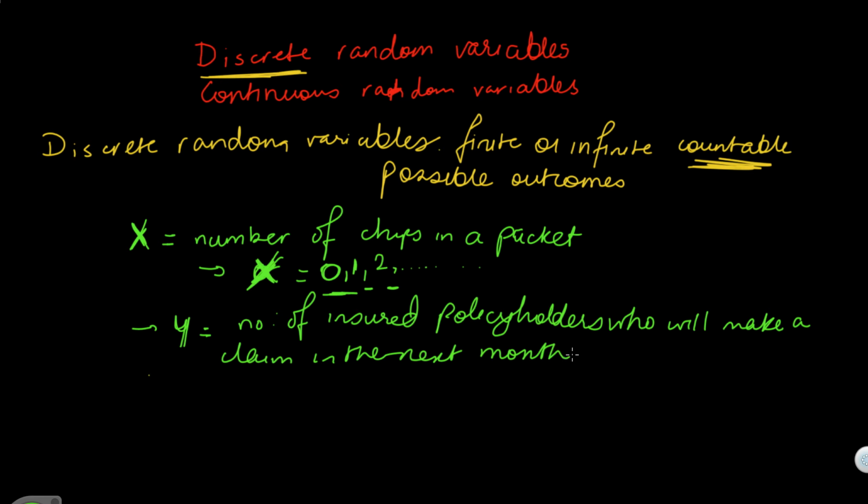So the values that Y can have would be 0, meaning no one claims, or one person claims, two people claim, all the way up till n, where n is the total number of policyholders that we're insuring. Clearly you can't have half a person or a quarter of a person that claims, because that is literally impossible.